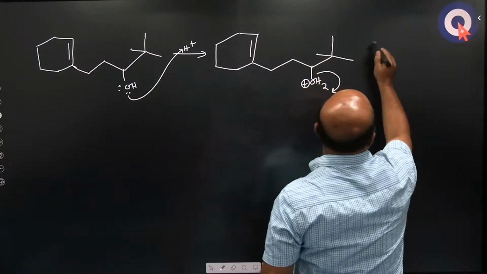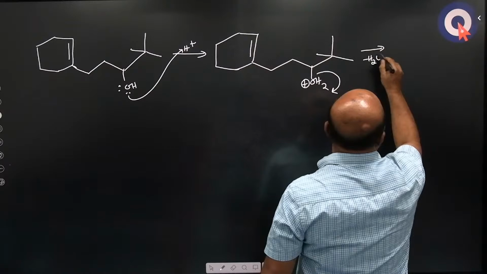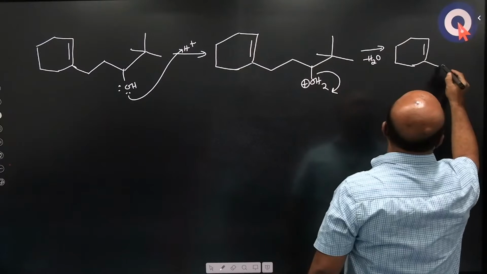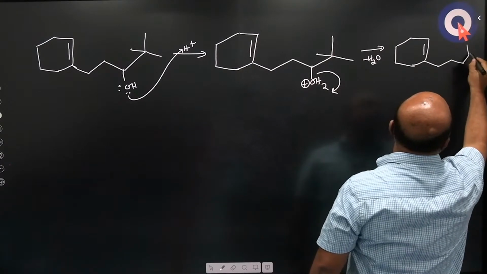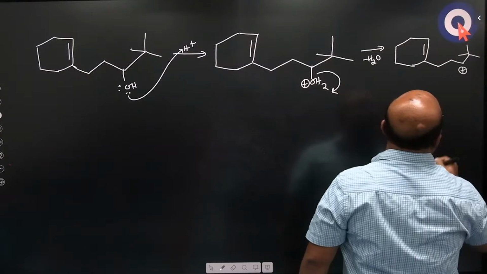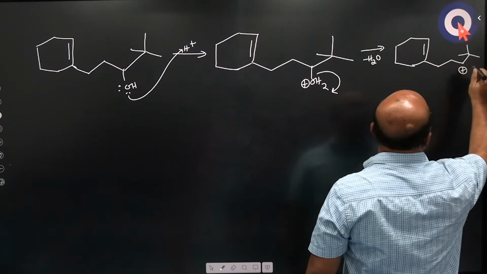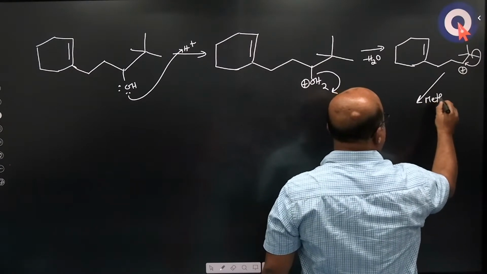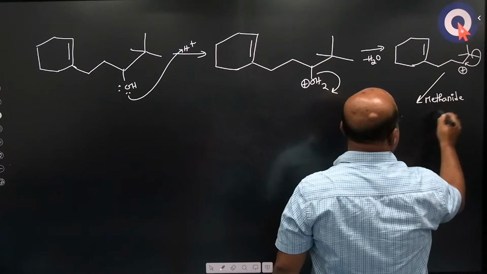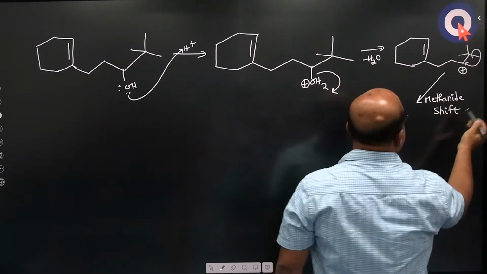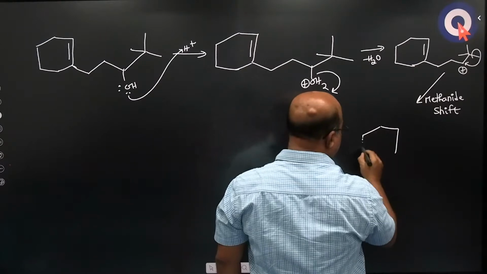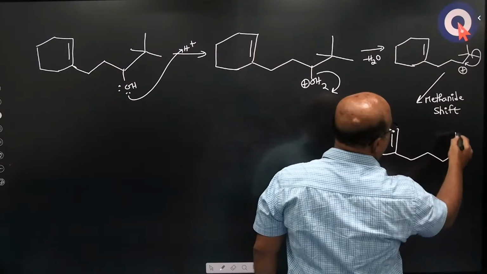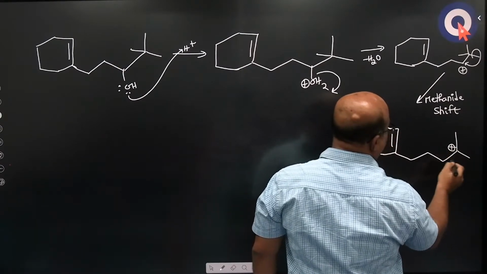So we first initially get a carbocation from here with the loss of H2O. But one of the methyl groups shifts from here to here. So a methyl shift takes place. So one of the methyl groups is shifted here.